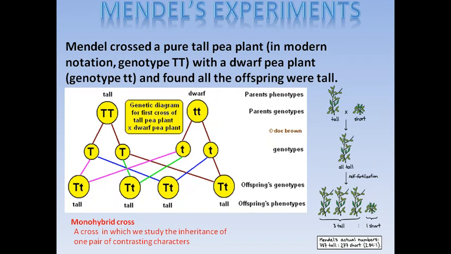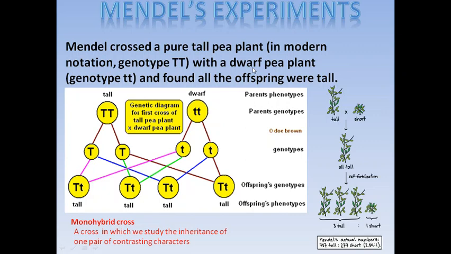Now, how did he perform the experiments? Children, Mendel crossed a pure tall pea plant, which in modern terms we consider as having the genotype capital TT, with a dwarf pea plant.